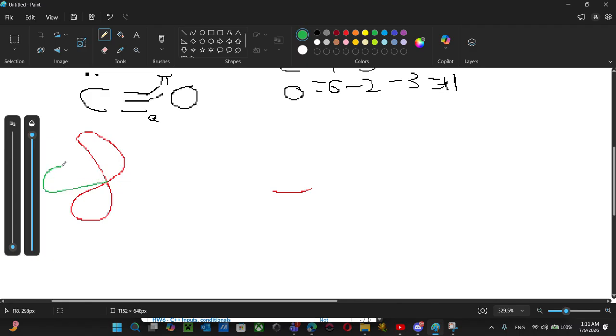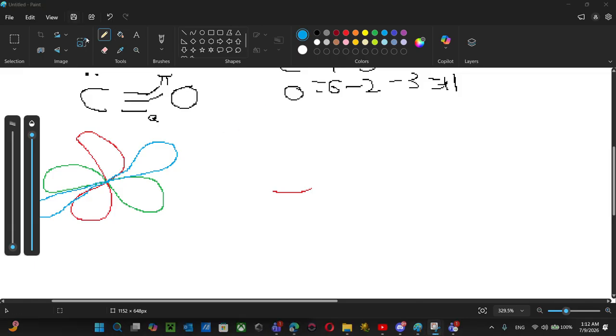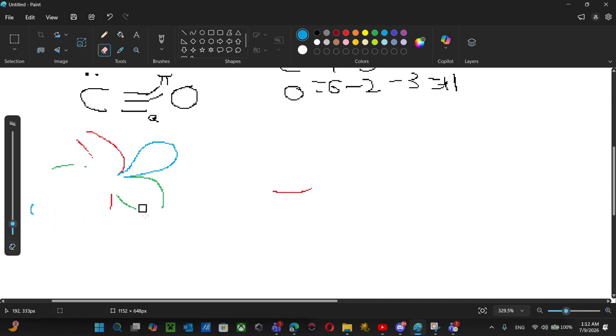Okay, that one looks pretty good. Okay, let's continue with this. I don't like how this is looking. Let me think if I can find a better way to write this.